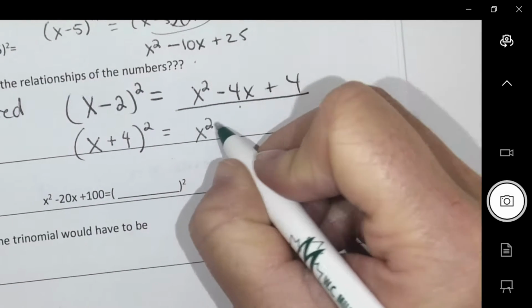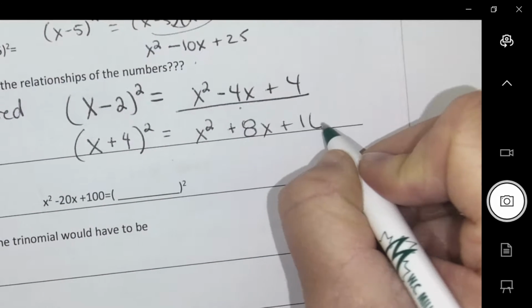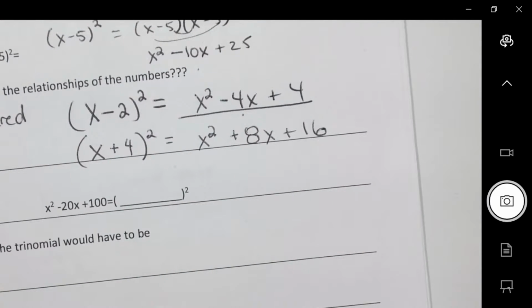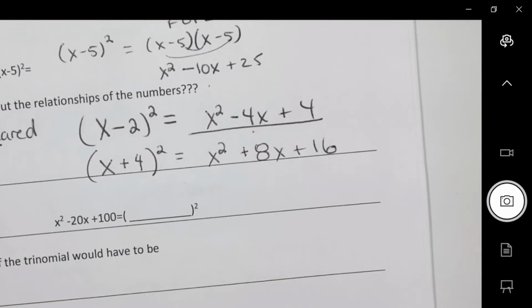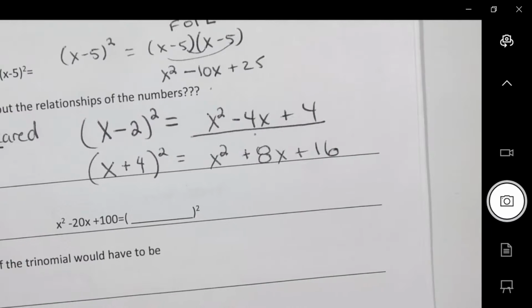X squared plus 8x plus 16. Okay, so that's us just saying, hey, we kind of recognize the pattern of the FOIL, so we're going to cheat a little bit and do it faster.